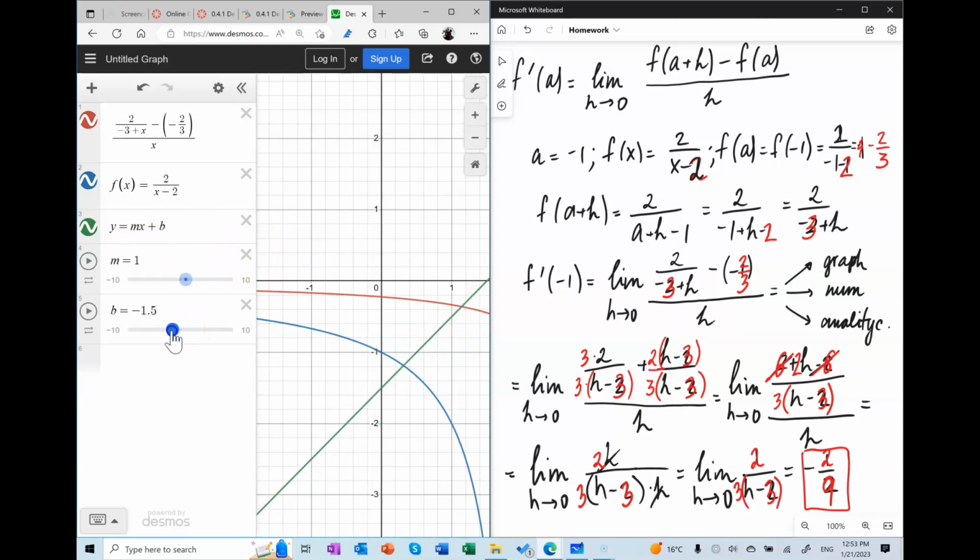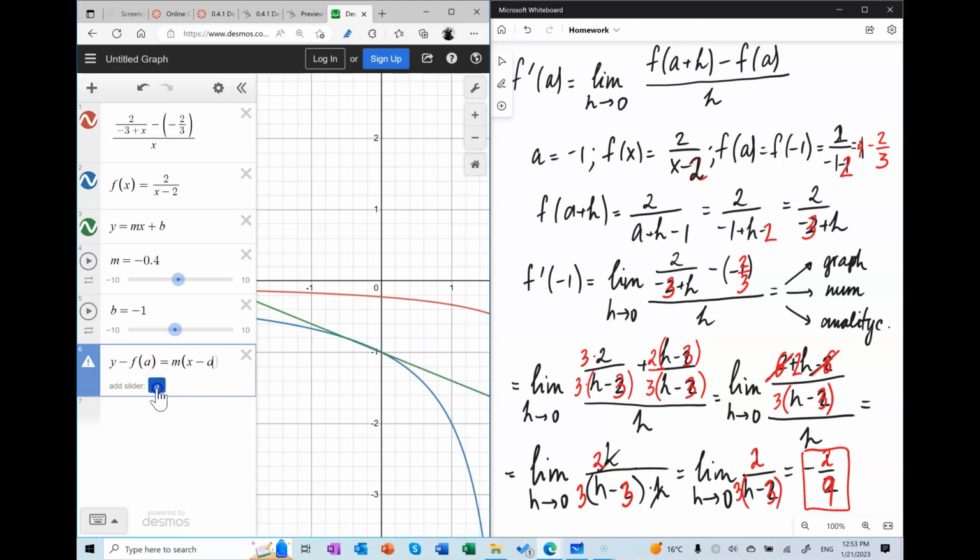So as we change b, we want to align this and find the tangent line at the point where x is equal to -1. So we're actually looking for it here. The easiest way to do that is to use the point slope formula. I'm just going to write this formula here: x minus a.